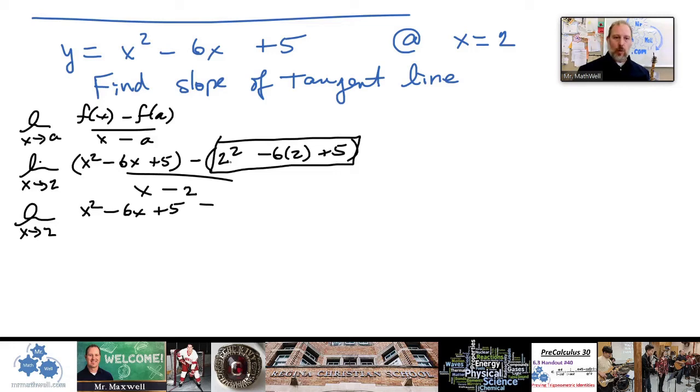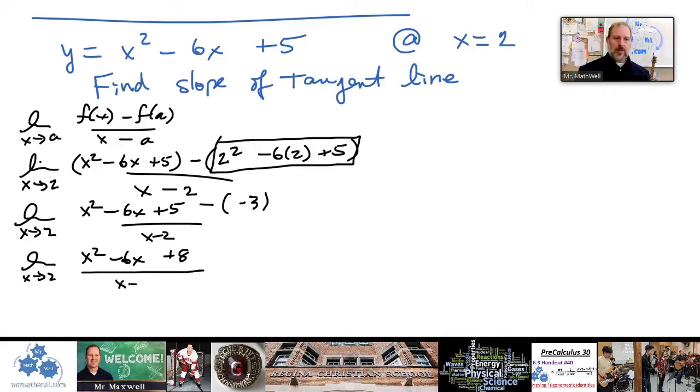That's going to be 4 minus 12 is negative 8, plus 5 is negative 3. So I'm subtracting a negative 3 all over x minus 2. So this is x squared minus 6x, 5 plus 3 is plus 8, and over here on the bottom is x minus 2. So I've completed the first stage there.